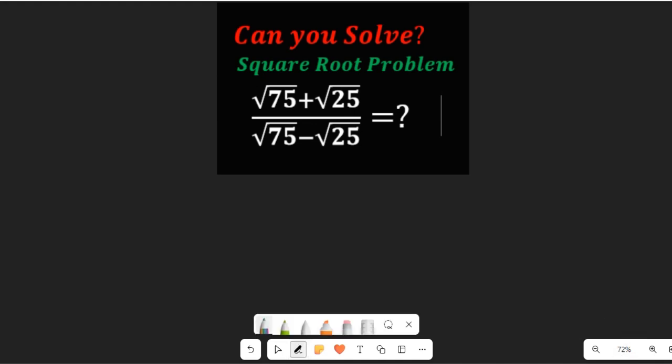To try the first, using some rules of surds and then rationalizing, we're going to consider first that 75 can be written as 3 times 25, since 75 divided by 3 gives us 25.